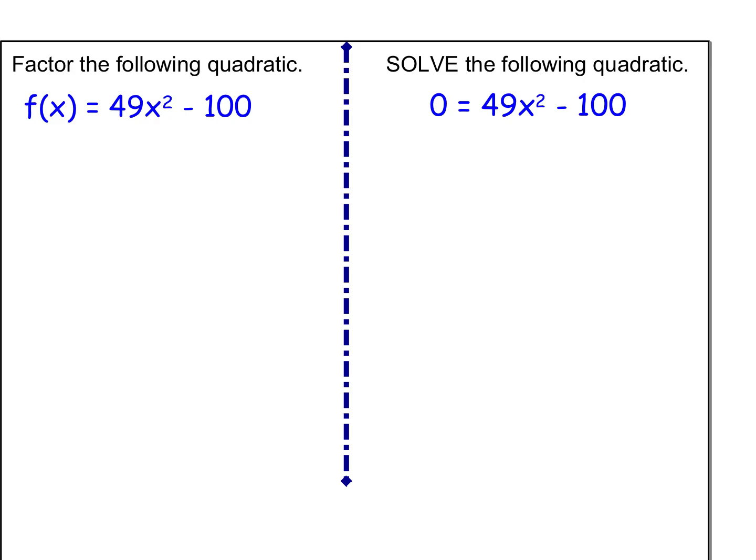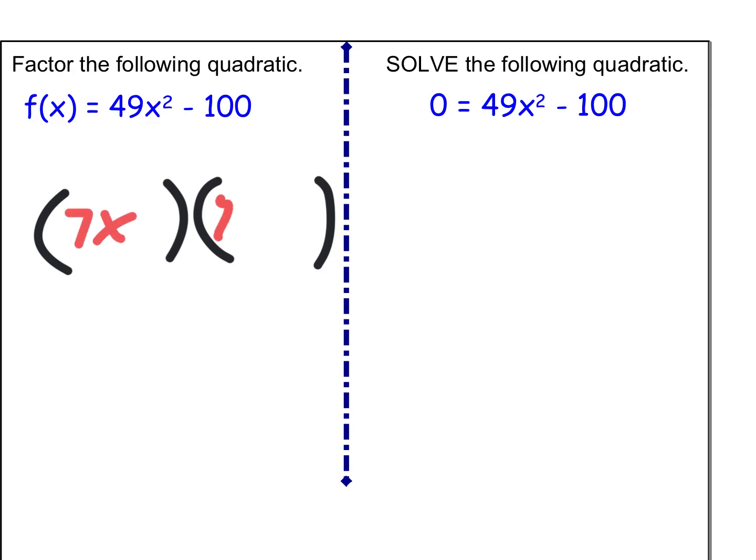Jaden, tell me how to start. It is 7x and 7x, and then the signs. Yep. I put the minus first, but it doesn't really matter. And then the last number.